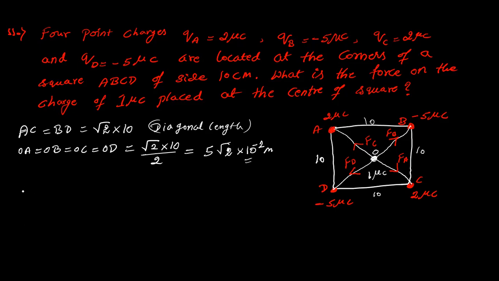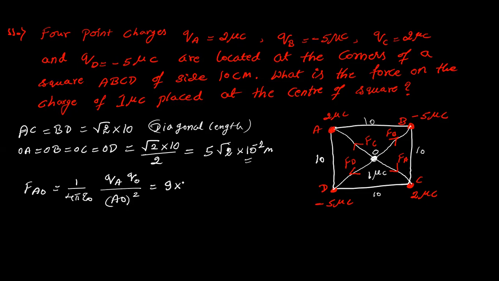Now first find the force FA by using Coulomb's law. Here are the two charges, 2 and 1 microcoulomb. I'll call it FAO. So 1 by 4 pi epsilon naught, charge at A and charge at O divided by OA square.